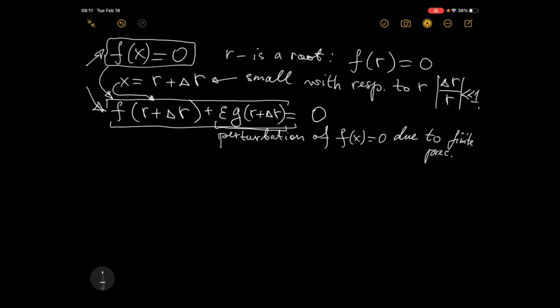Okay, so let us try to figure out how to control or just predict what will be the inaccuracy of the root which we will find. So this is a small value. What we can do is perform a Taylor expansion around the root.